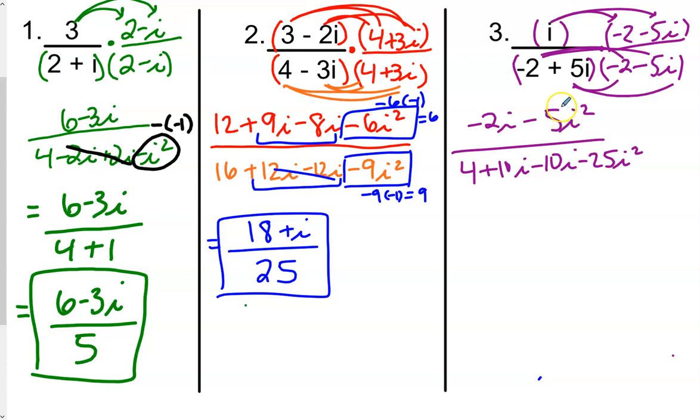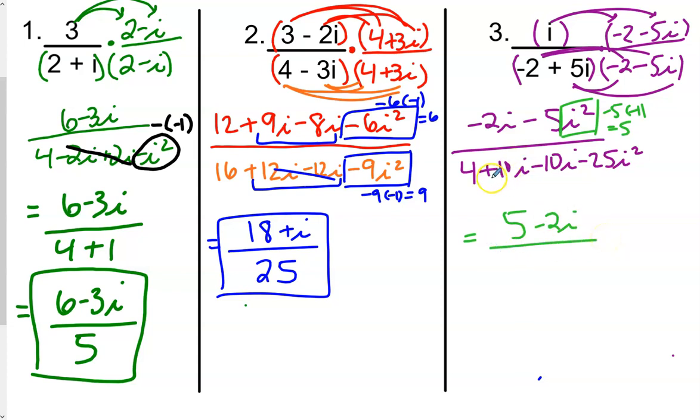Numerator, combine like terms, but I can simplify this first. So this is really negative 5 times negative 1, which gives me positive 5. So my numerator has a real piece of positive 5 and an imaginary piece that is still negative 2i.